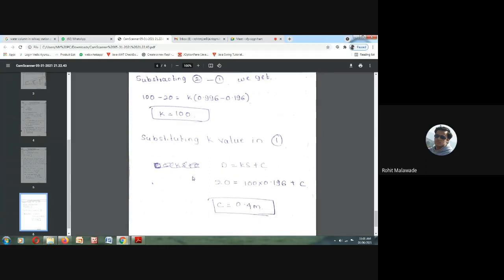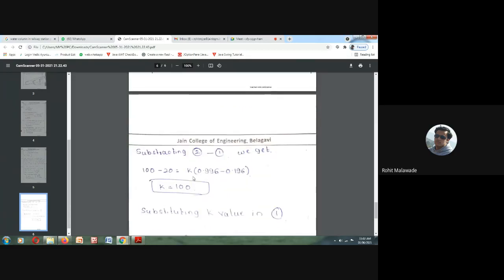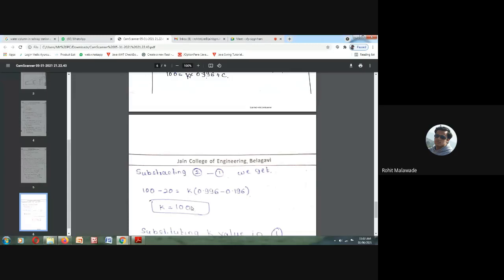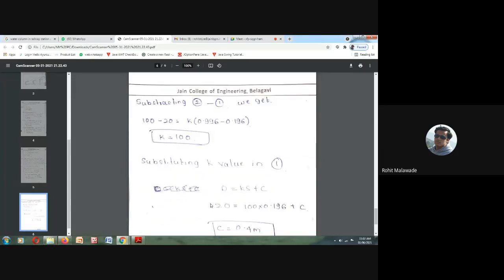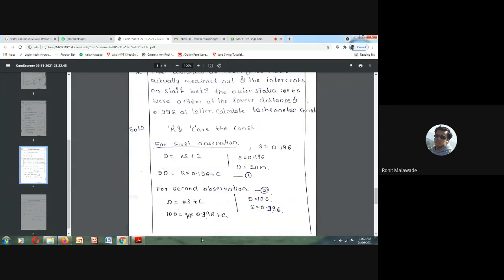K. Now we will be seeing the additive constant. By substituting the K value, where are we going to substitute? We are going to substitute in D is equal to Ks plus C. So we are substituting this K value in the first formula.